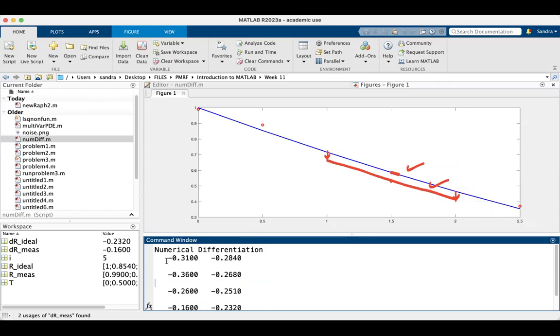Okay, so this is why I said, if one point has a negative error and the other point has a positive error, then your line will not match your real value. Here the line will be like this, but here the line will be like this. This line and this line have the same slope, and this and this don't have the same slope. So since the errors are in the same direction, you have similar derivative values even though you are using the one with the noise.